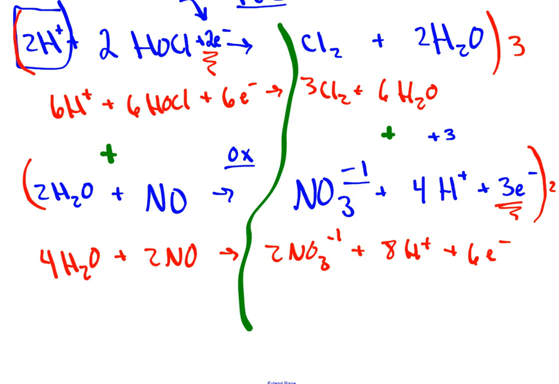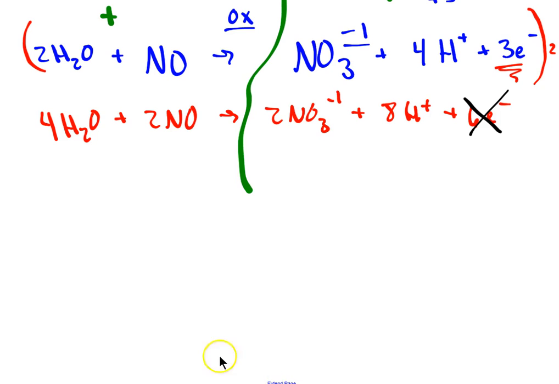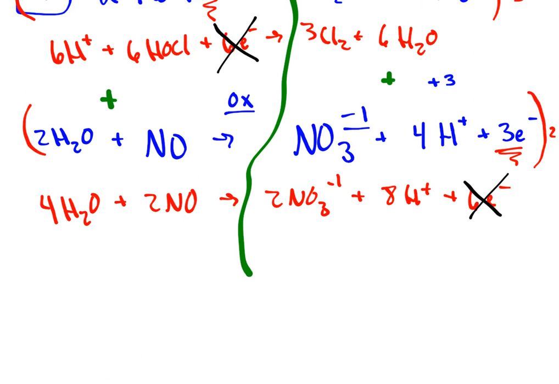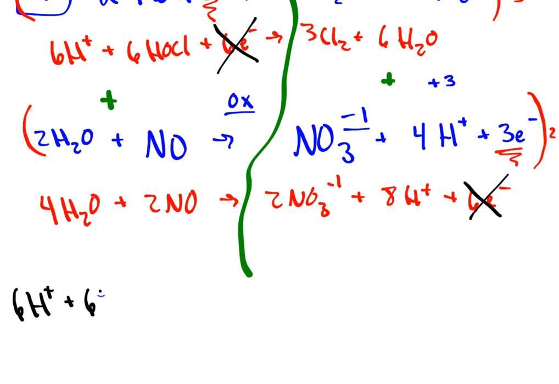All right. So I now end up with my overall reaction is all this stuff. Now, just to save some writing, I'm going to cross these out. Okay, they are equal. So now I have 6H plus 6HOCl plus 2H2O plus NO goes to, and I'm going to come back up here.